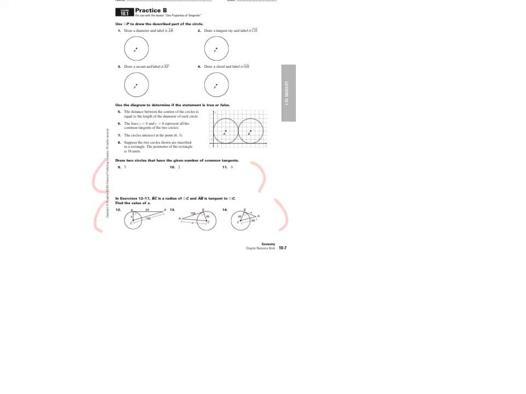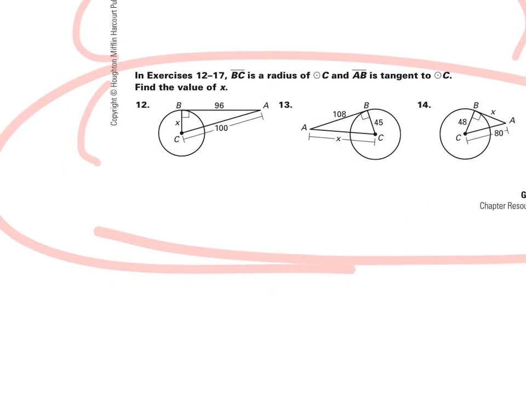But notice on these questions right here, we're applying Pythagorean theorem. So, for example, if this were question number 12 on the quiz tomorrow, what we would do here is we're going to do x squared plus 96 squared equals 100 squared.